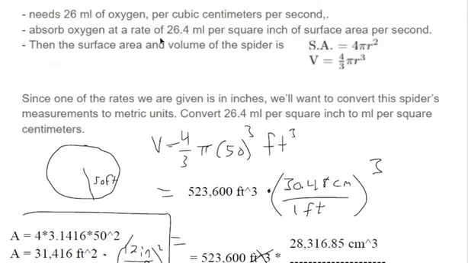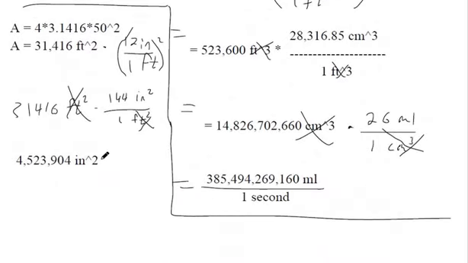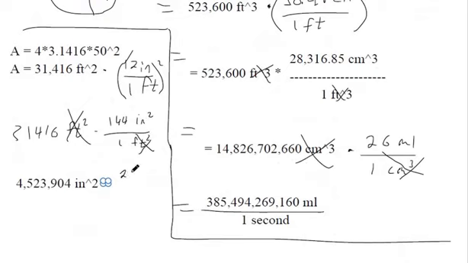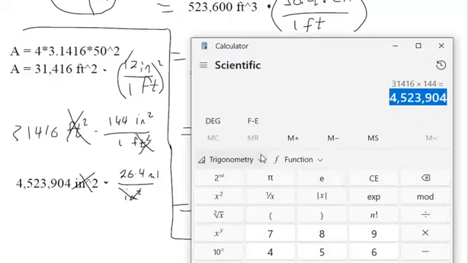And it can absorb 26.4 milliliters per square inch per second. So we'll do the same thing. We've got to multiply by 26.4 milliliters per square inch, and that's per second. So the square inches will cancel like we wanted. So we've got this times 26.4.